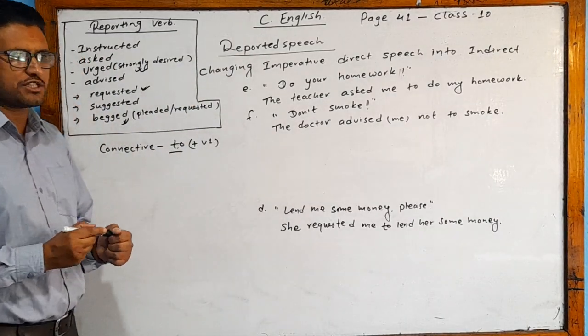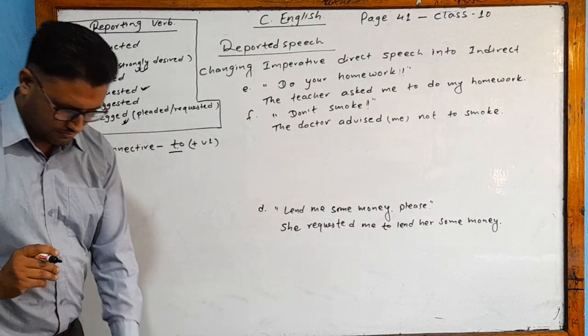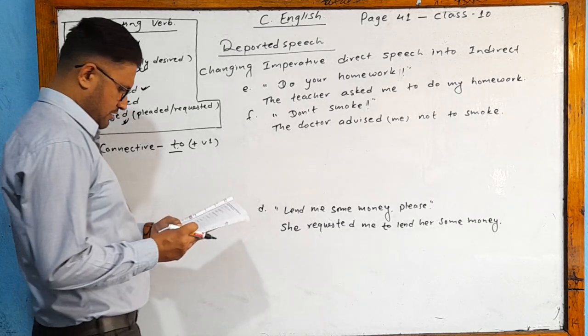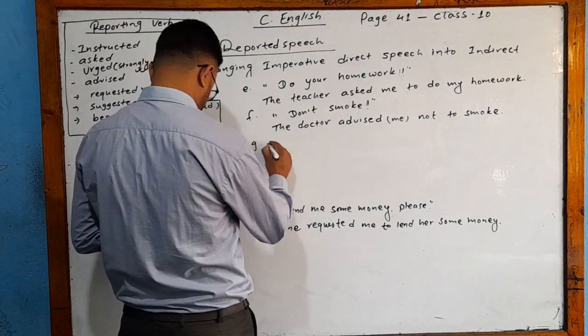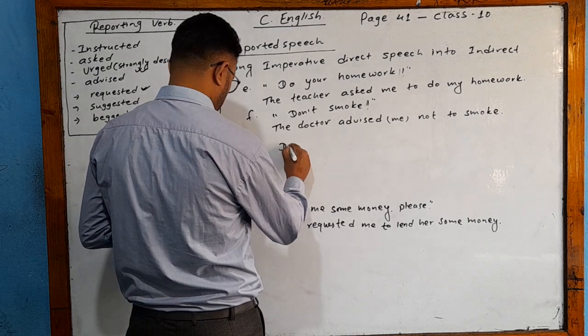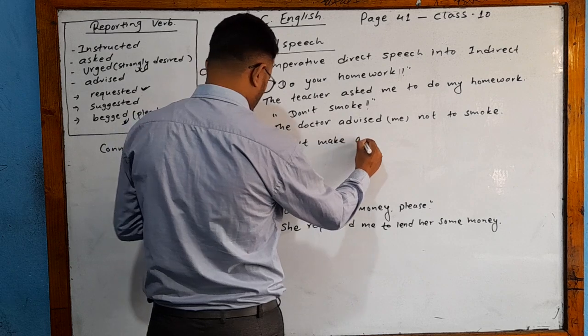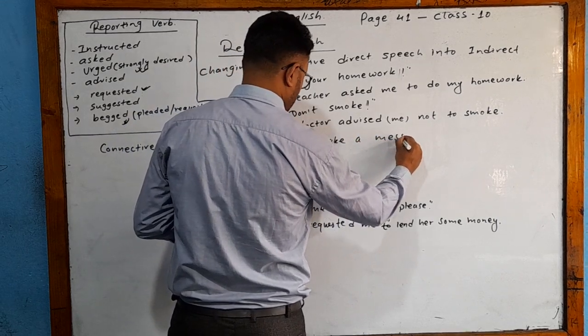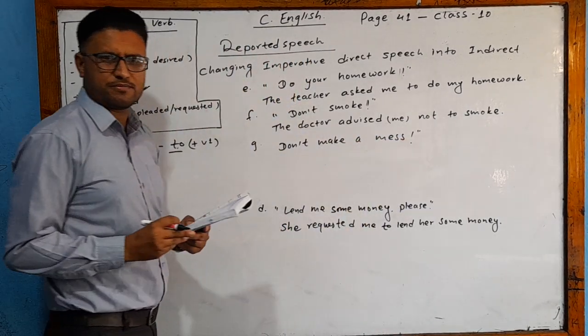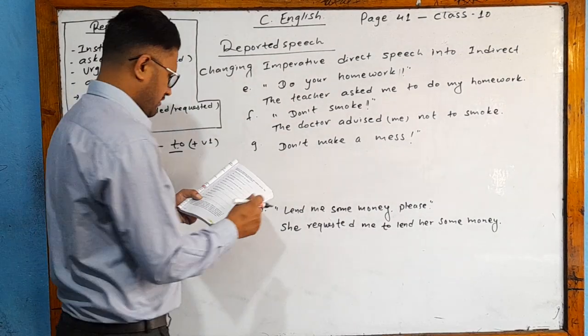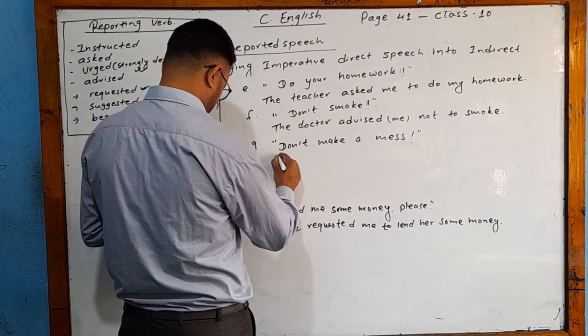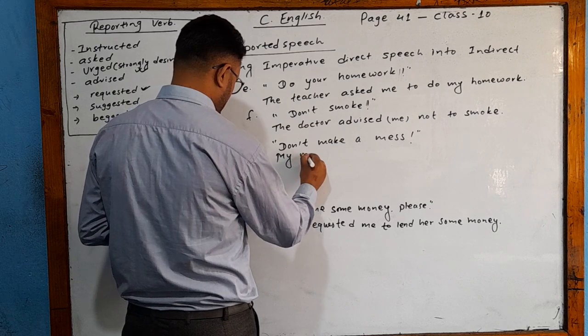All right, now we have the last one, C. Don't make a mess. A similar type of sentence is there. Who is the speaker here?